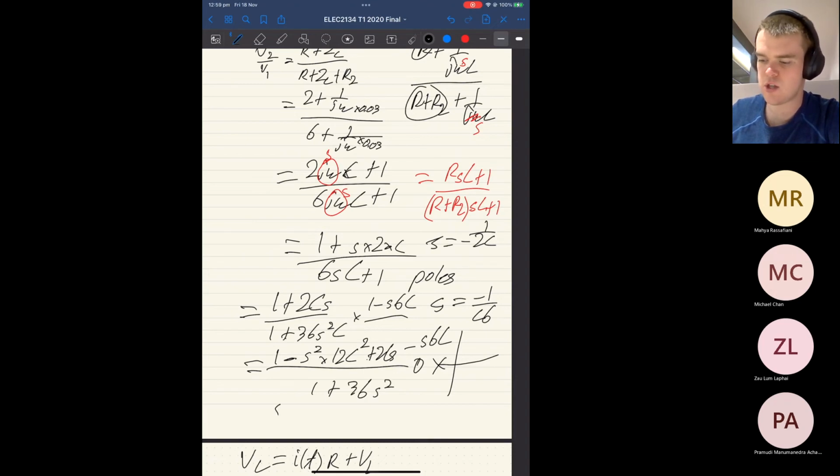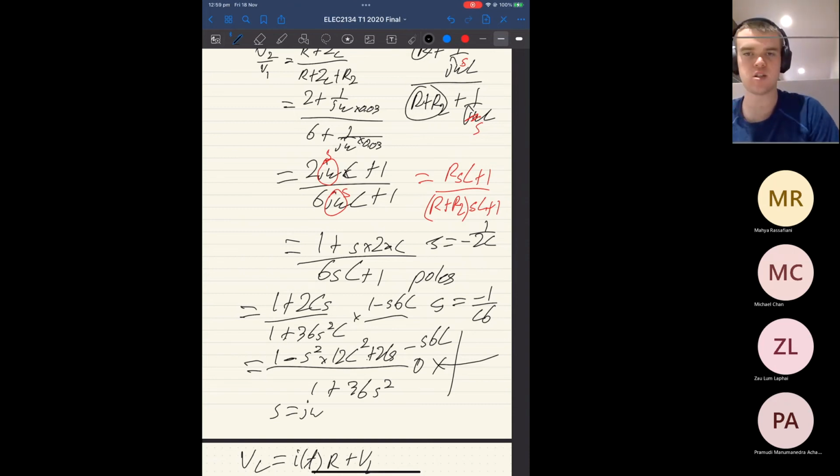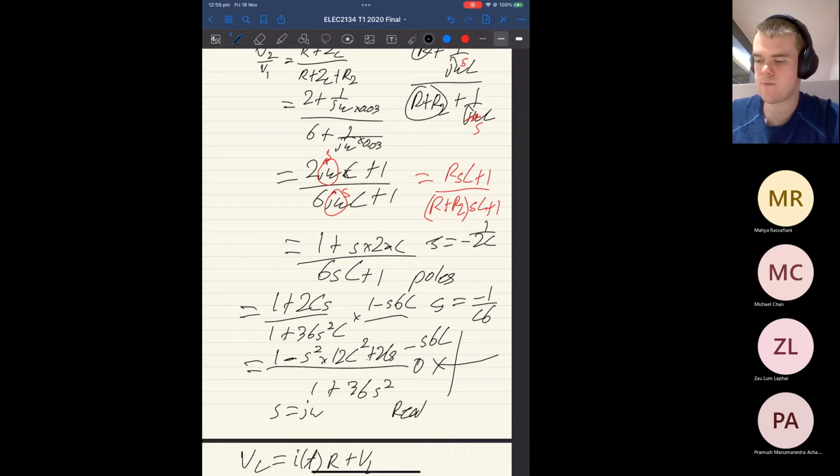Then you can do the substitution that s is equal to j omega, because then the s squared, we're not going to have to worry about it. And then you can just plot the square root of the real part squared plus the imaginary part squared, like we did before. Does that make sense?